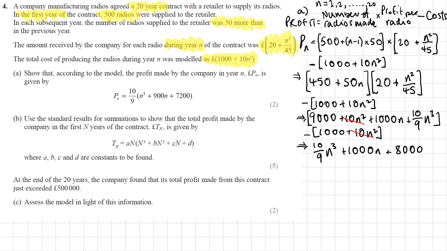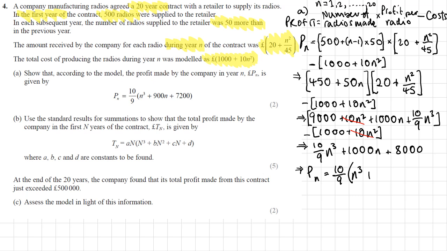So we need to get it into this form here to get our profit. So that means taking out the 10 over 9 as a factor. So that will give us n cubed. Now I need to work out, if I take 10 over 9 out, 1000 divided by 10 over 9, that's 900.